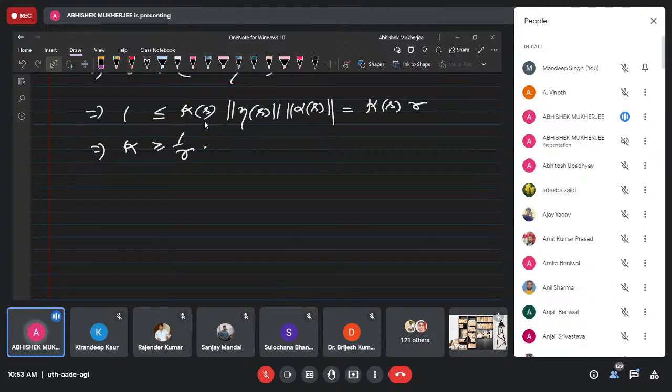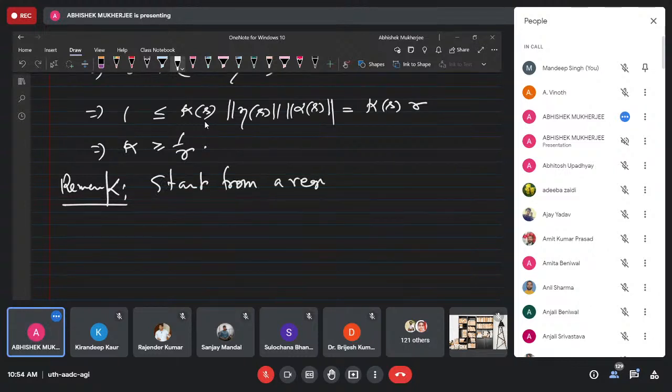So you can put a remark here. Let's start from a regular parametrized curve.